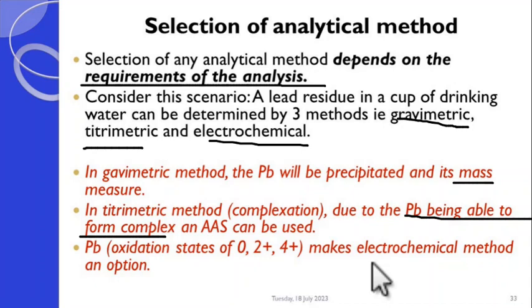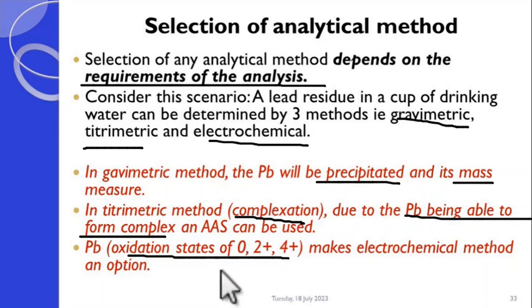The first, precipitation is key. The second, titrimetric one, complexation is key. The last one, the various oxidation states in which the lead would exist.